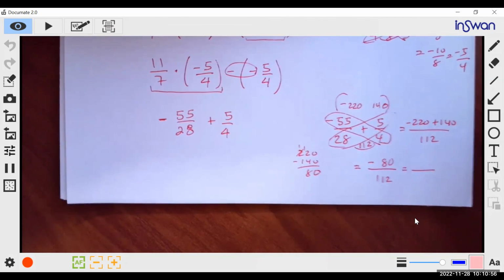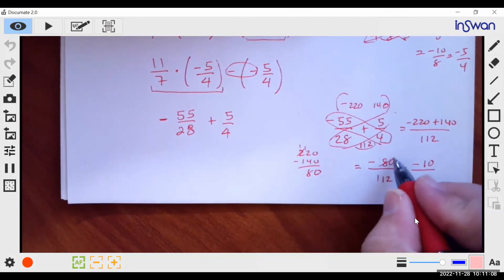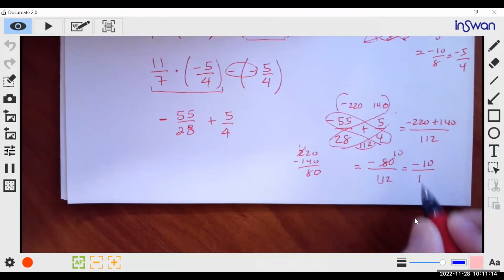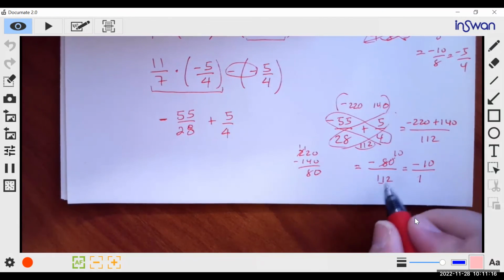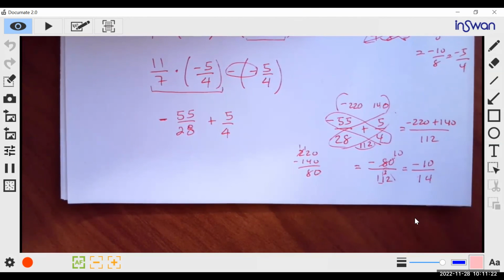There's 8 on both of those. Yeah. 8 goes into 80 10 times. 8 goes into 112 14 times.